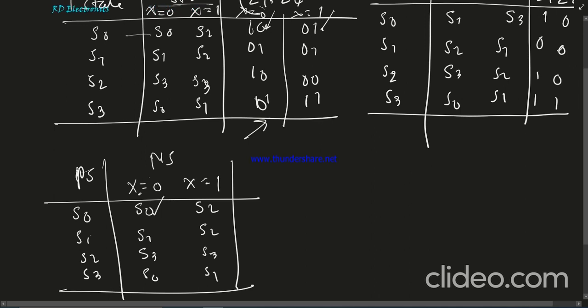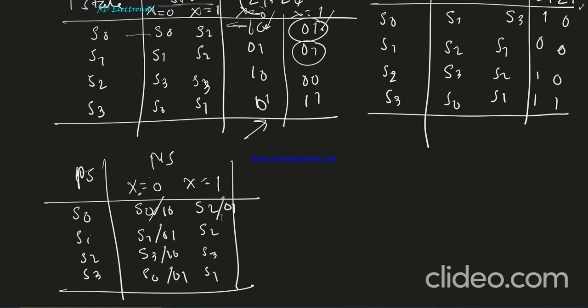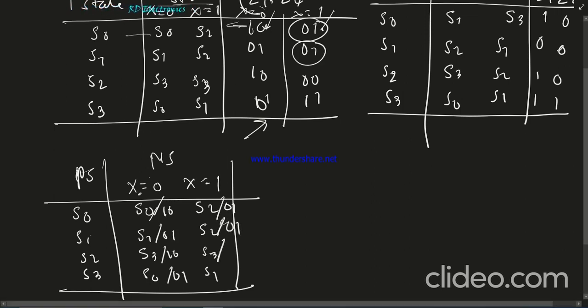Here we represent in a dash. For x equal to 0, the output is 1 0. This is okay. The output is 1 0, and next is 0 1. Then 0 1. Next 0 1. This is 0 1 also. This is 0 0. This is 1 1.